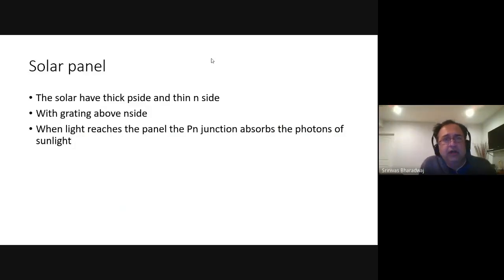Now, the solar panel has a thick P and a thin N. When light falls, the PN junction absorbs the photons, which leads to an electron being pushed out.